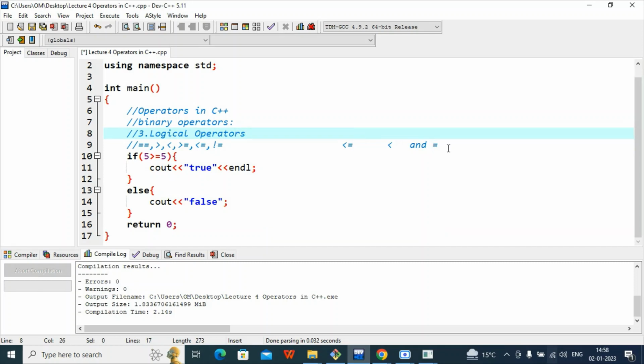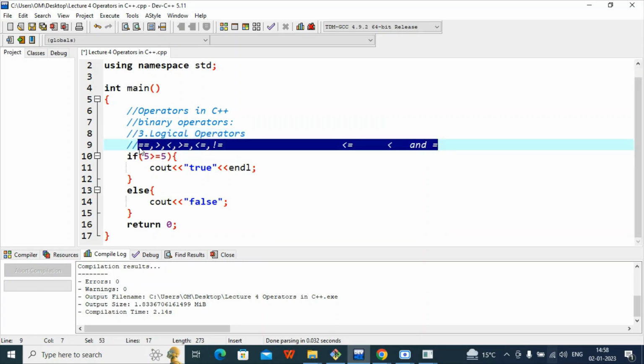As I have told you in the expression part, logical expressions have three symbols: and, or, and not. The or symbol is the pipe. It is on your keyboard, on the button where your backward slash is located, right?